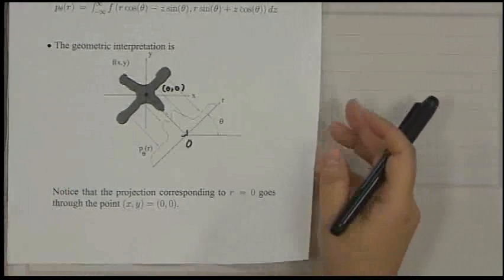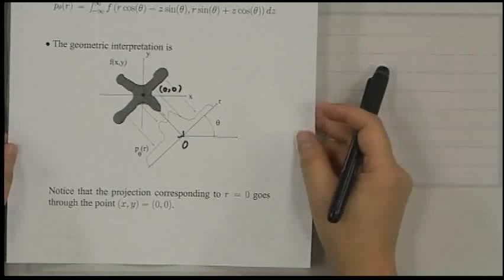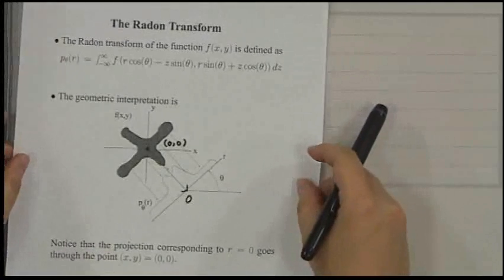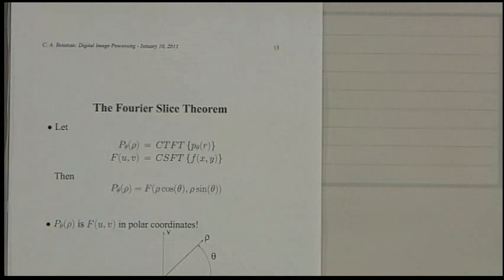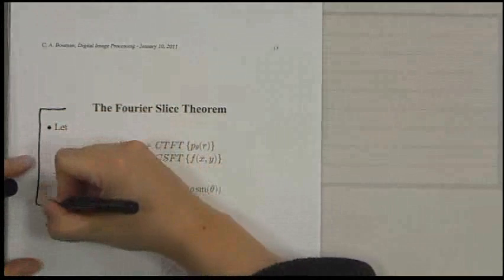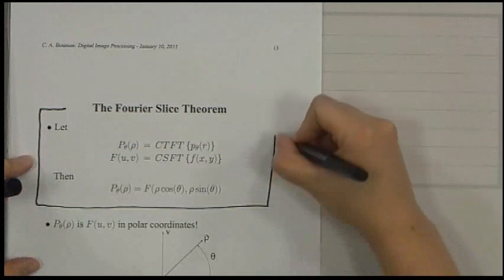Okay, so now we are ready to study the Fourier slice theorem. What is the Fourier slice theorem? Sorry, not transform, theorem. The Fourier slice theorem is on page 13.